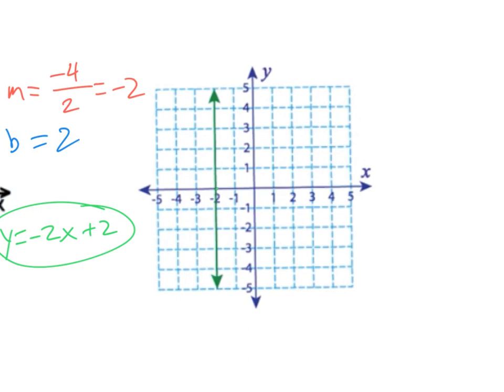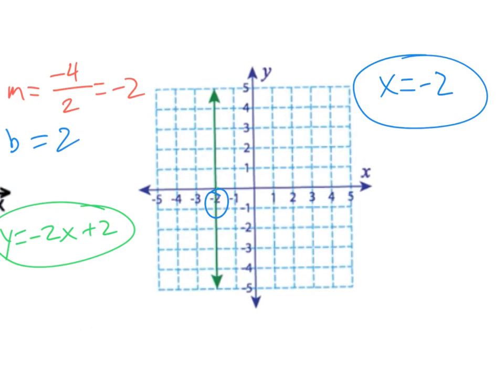So in that case, we actually don't have a y. We would usually use y equals mx plus b. But in this case, we're just having x staying the same the whole time, which means that x is going to equal whatever that value is. And in this case, it's negative 2. X equals negative 2. And that is our line. That is the equation for this line here.